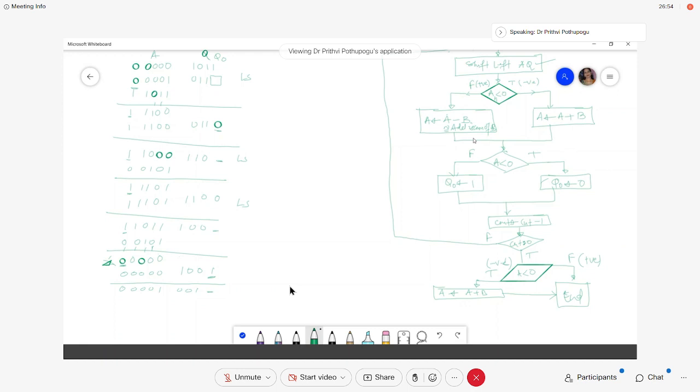So add 110, 112, and this will be your A value. It is negative. So Q0 will be 0, 1, 0, 0. And this is here 1100.